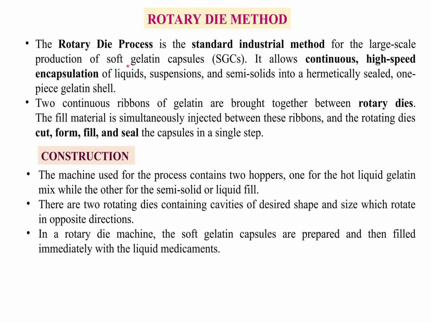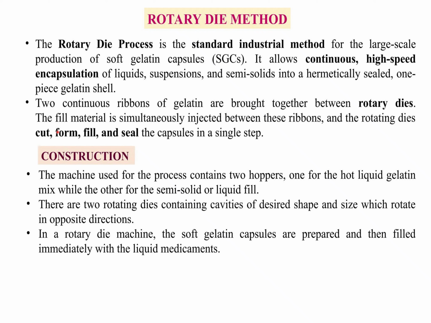The rotary die process is the standard industrial method for the large-scale production of soft gelatin capsules. It allows continuous high-speed encapsulation of liquids, suspensions, and semi-solids into a hermetically sealed one-piece gelatin shell. Two continuous ribbons of gelatin are brought together between rotary dies.